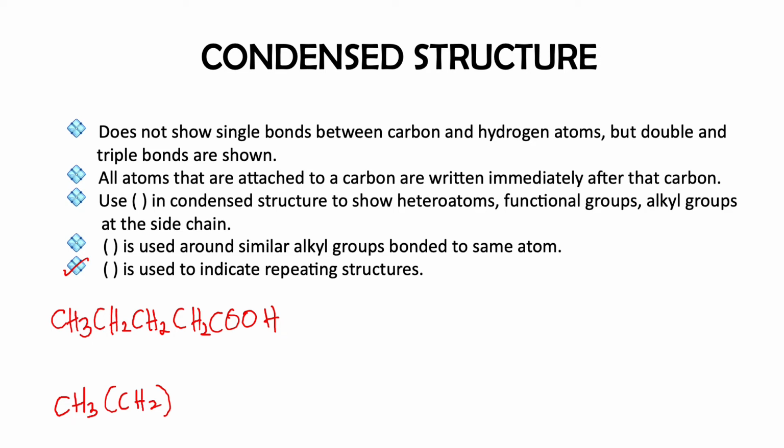Ada berapa CH2? Ada 1, ada 2, ada 3. So, you put 3 here. So that is how we use the kurungan. And then we add COOH. So this is condensed structure. Tapi madam, kalau saya nak lukis macam ni boleh ke? Tak ada masalah. Boleh. That is still considered as condensed structure.